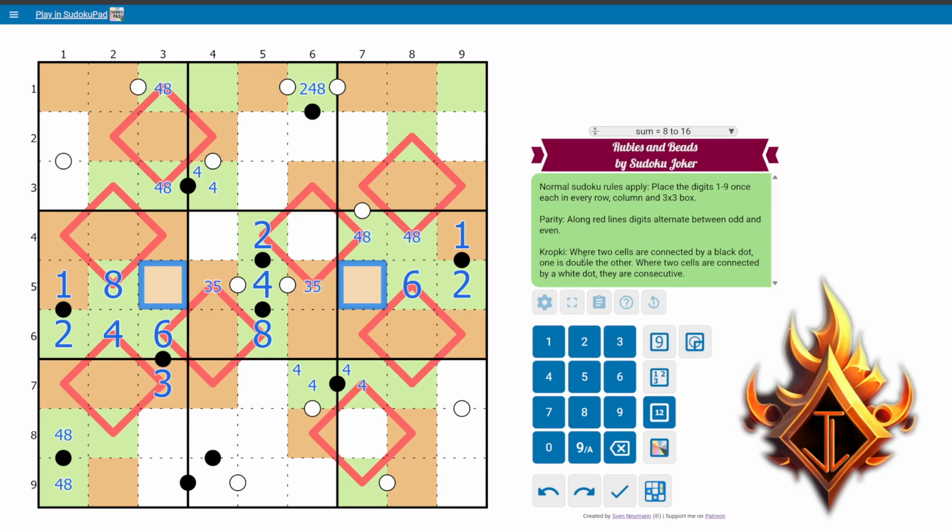These will be 7, 9. So this digit will go down here, this digit will go up here and then one of those, okay? 1 is also down here.